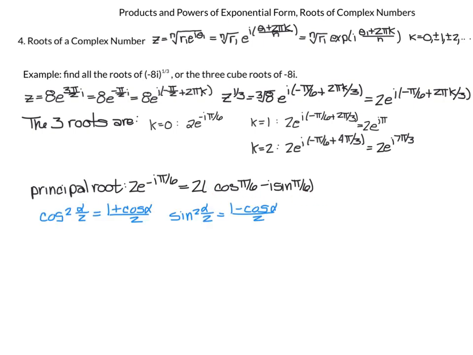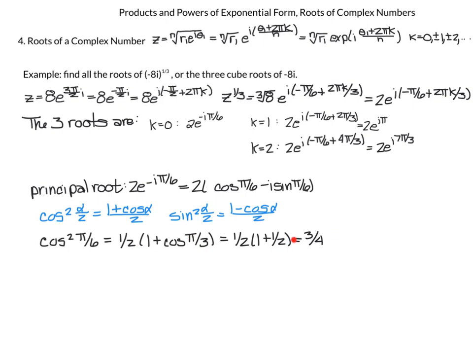To do that, I'm going to use these two double angle formulas that I did list on your overview slide. I am going to start with cosine squared pi over 6, then using this double angle formula is equal to 1/2, so I just pulled out the 1/2, 1 plus cosine, and now I just double this angle here. So cosine pi over 3.